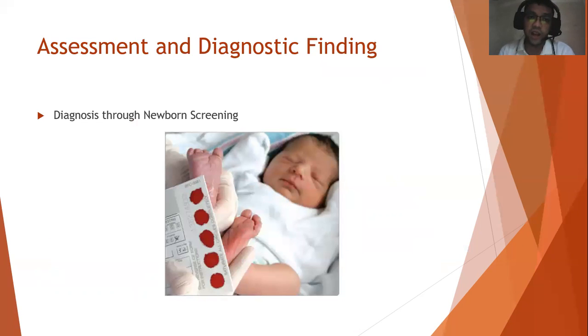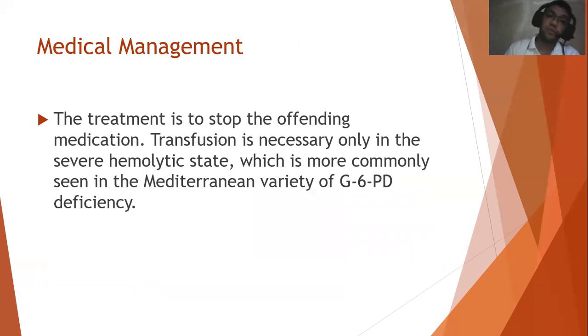Assessment and diagnostic finding. This is diagnosed through newborn screening. So hopefully if you have children of your own later on, all of these diseases under newborn screening will appear negative. Medical management. The treatment is to stop the offending medication.